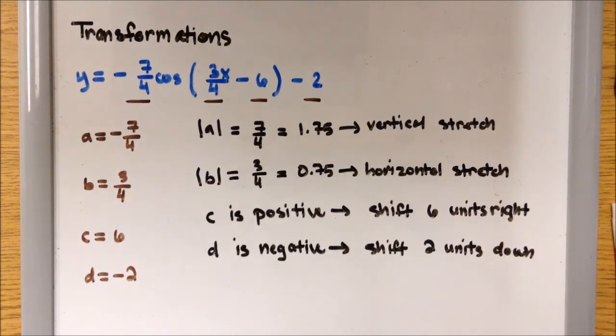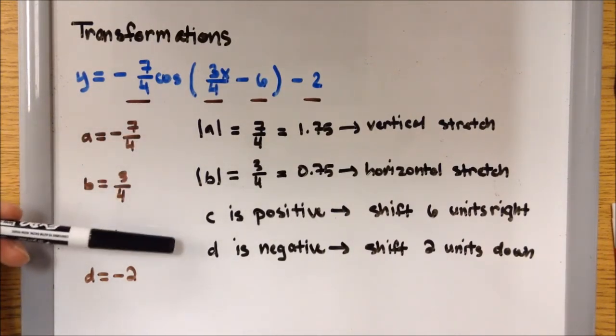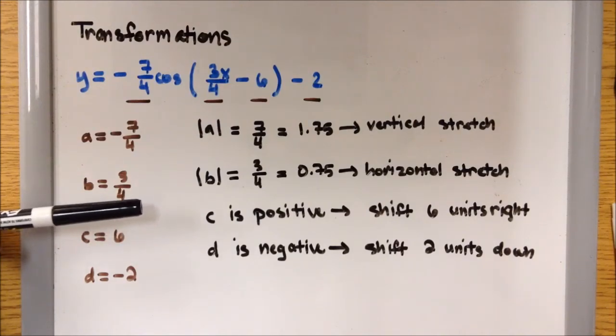But keep in mind, once we identify dilation and translation, we have to check if there's a reflection.